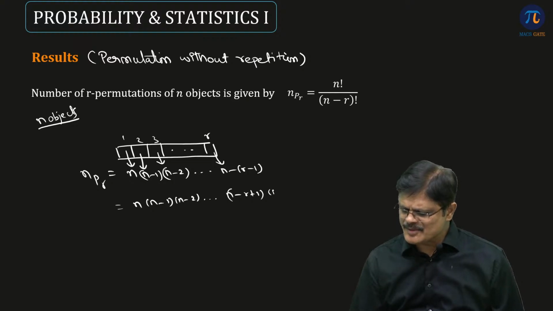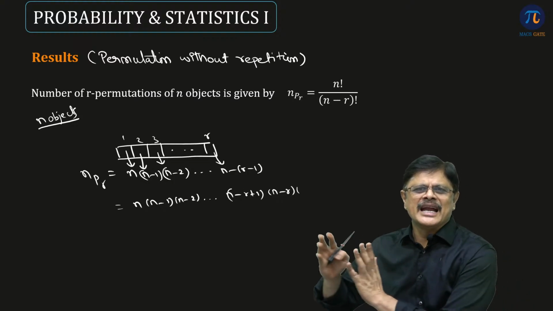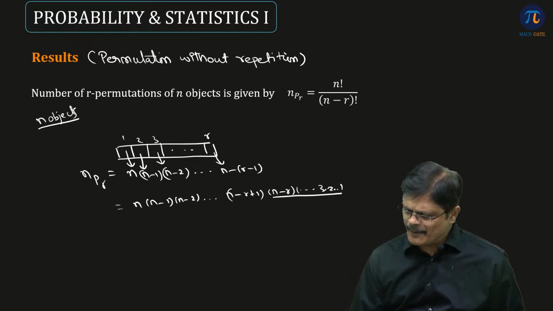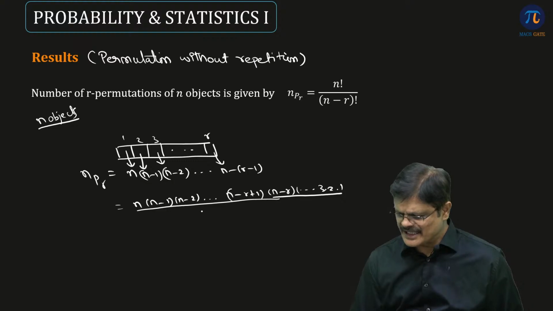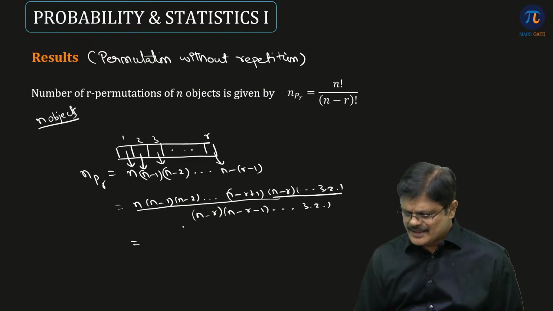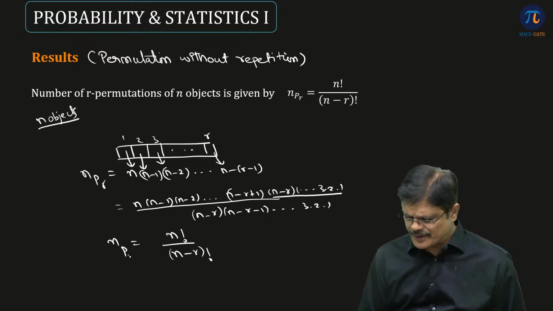What are the missing terms, Babu? n minus r, because the last term is n minus r plus 1. The next one is n minus r, and so on up to 3, 2, 1. So if you see now, the numerator is n factorial, the denominator is n minus r factorial. So this is the formula for your nPr, Babu.